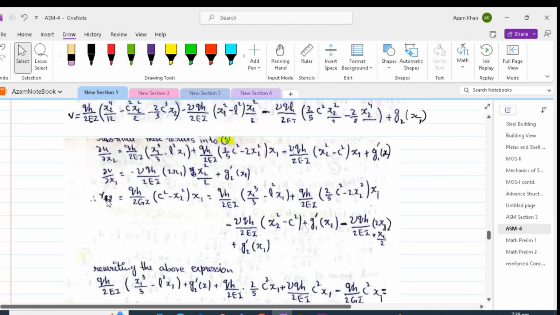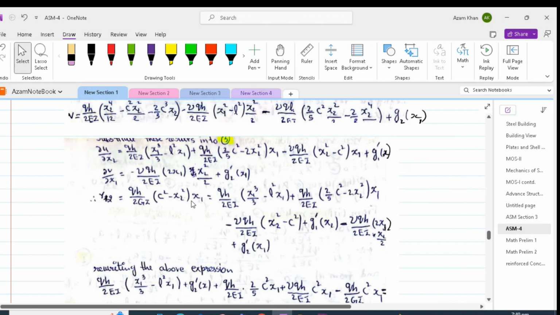Plugging values in γ12, we get (qh/2GI)[c² − x2²]x1 equal to (qh/2EI)[x1³/3 − L²x1] + (qh/2EI)[(2/5)c² − 2x2²]x1 − ν(qh/2EI)[x2² − c²] + g1′(x2) − ν(qh/2EI)·2x1·x1/2 + g2′(x1). So this is the expression for γ12.